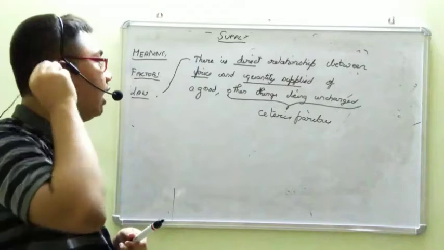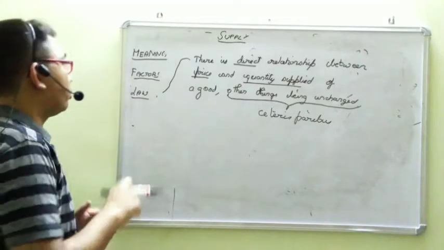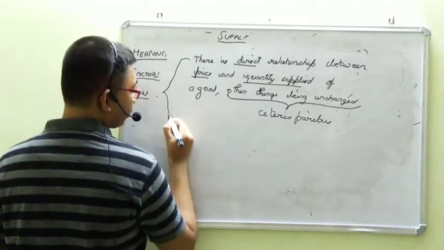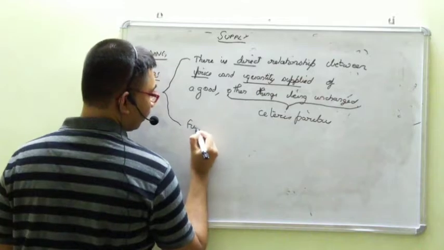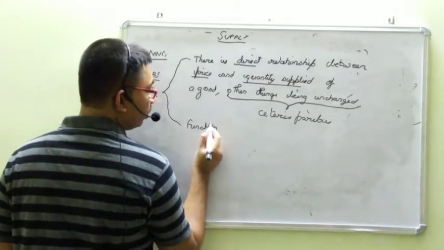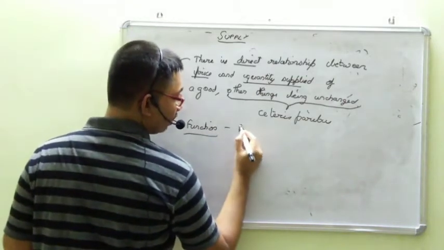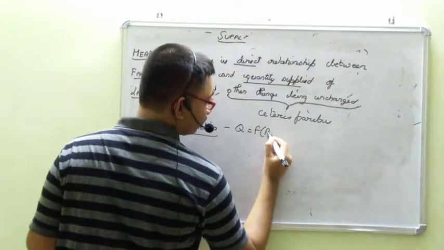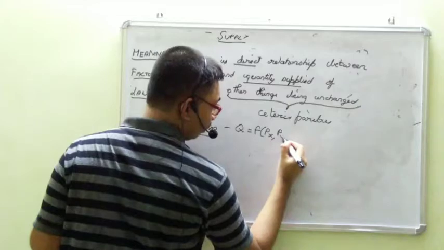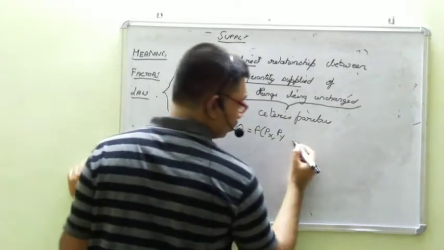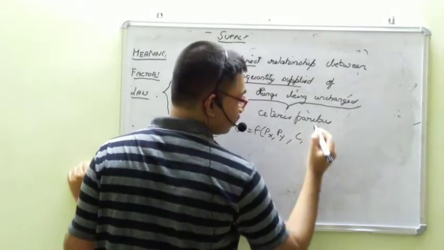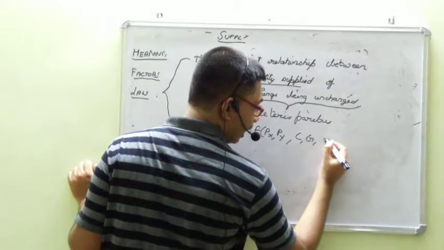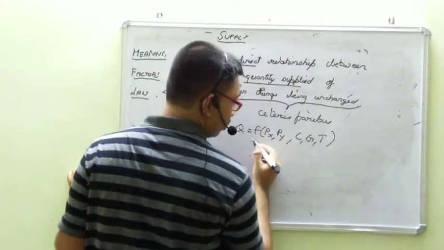Now, we have a supply function. What is this? This is a functional relationship between quantity supplied and all the factors: Px, the price of the good, price of substitute, cost, government policy and technological change.